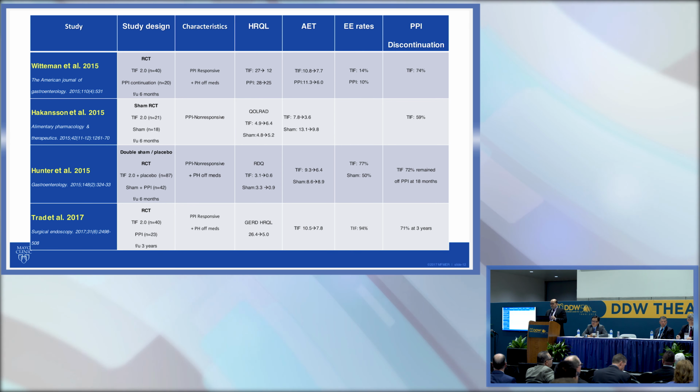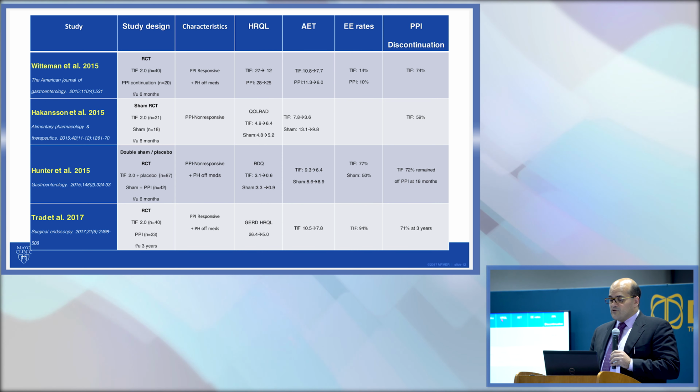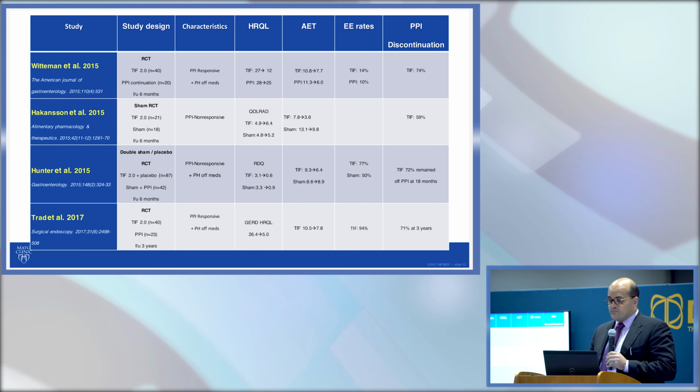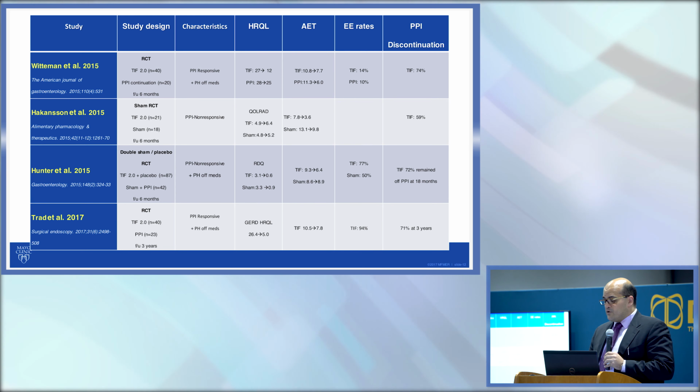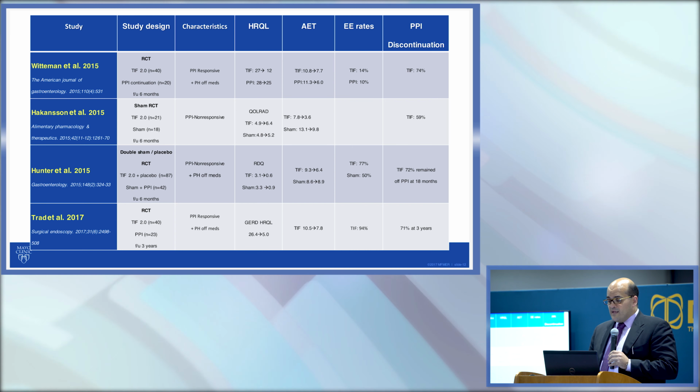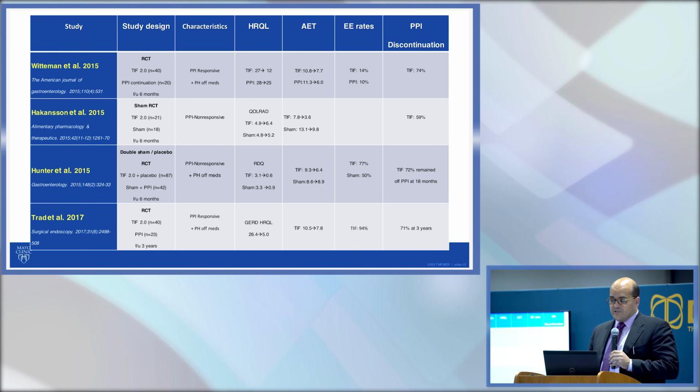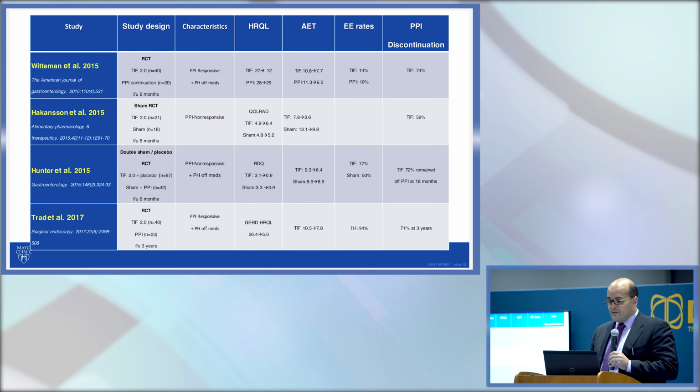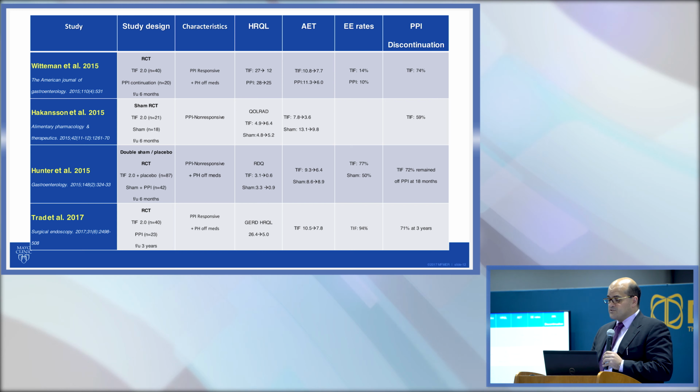But the primary outcomes have been good, and they mostly look at improvement in GERD health-related quality of life questionnaires, and you could see there's robust, significant improvement in these questionnaires compared to either an open label or a sham procedure. Then they looked also at abnormal acid exposure with pH study, and compared to sham, you could see significant improvement in this parameter as well.